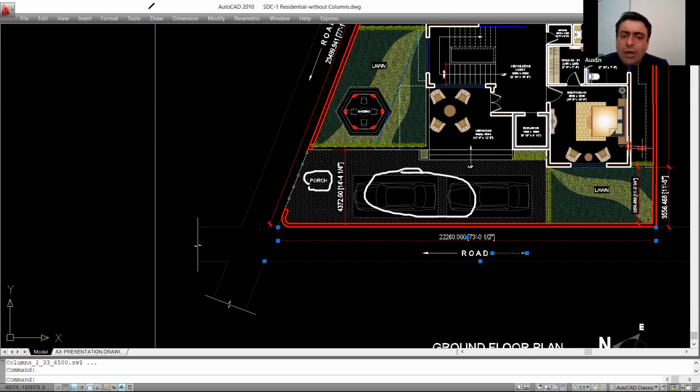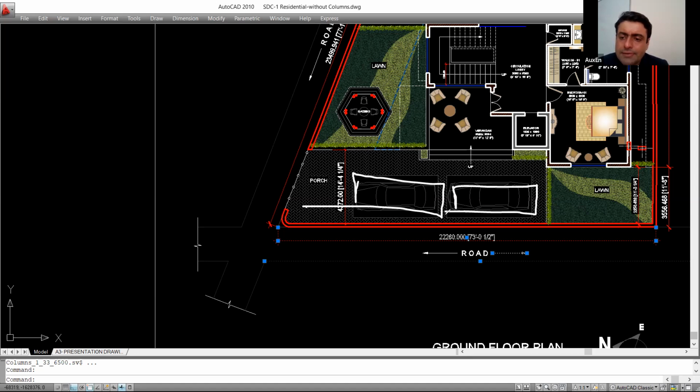Because this is a corner, you may not be able to park your vehicles outside because of the flowing road that is being shown. So there has to be sufficient space to park your vehicles, cars, two-wheelers, whatever. So they have provided this space, for one and two vehicles.